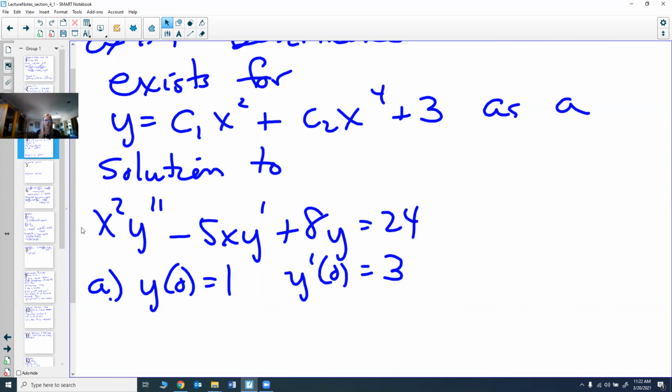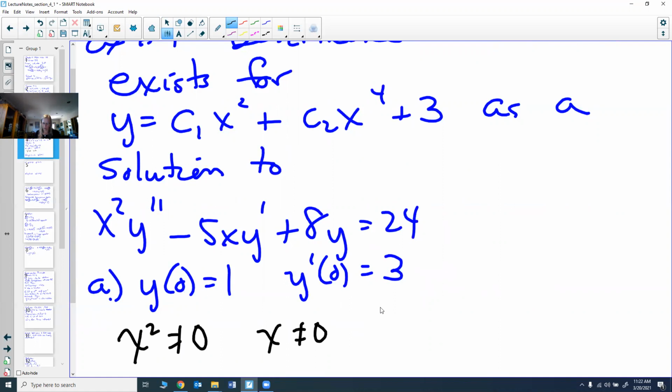So when is x squared not 0? Well, x squared is not 0 when x is not 0. So x can't be 0, but this initial condition has y of 0 equals 1 and y prime of 0 equals 3. So therefore, there is no unique solution.